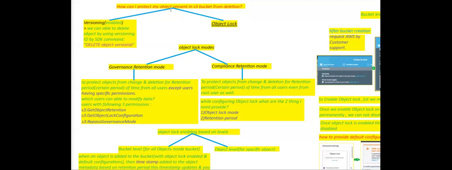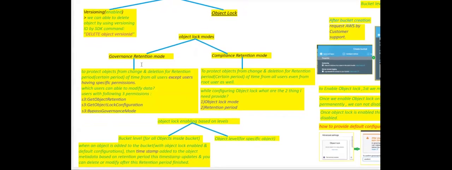So if you want to protect your data for a certain period of time, so that not even the root user can delete that object, then you can go for object lock. In object lock, particularly go for compliance mode. If you use that mode, then no user, not even an IAM user or the root user, can delete or modify your object.